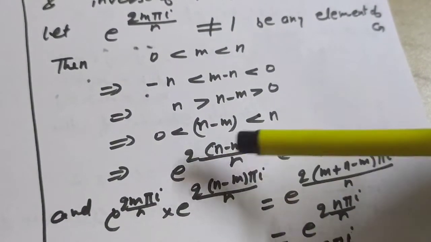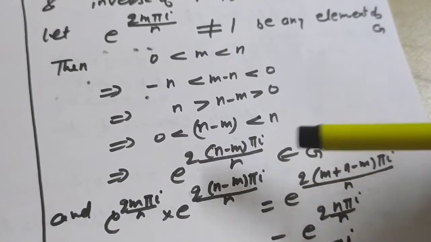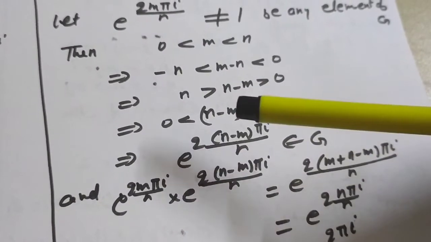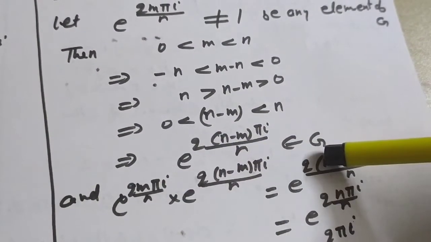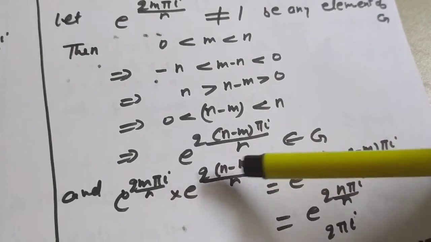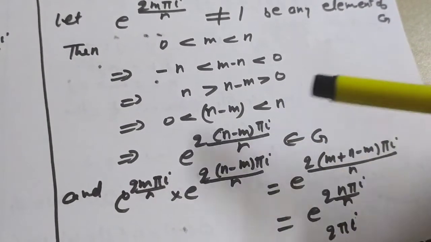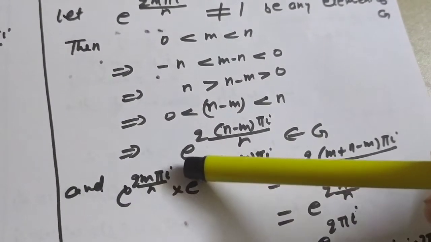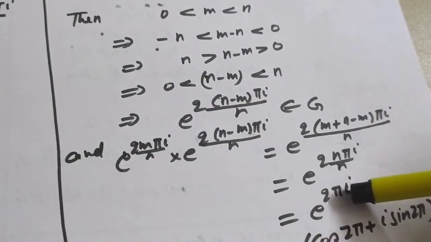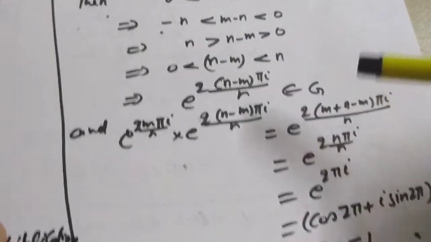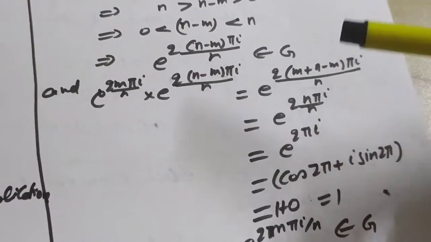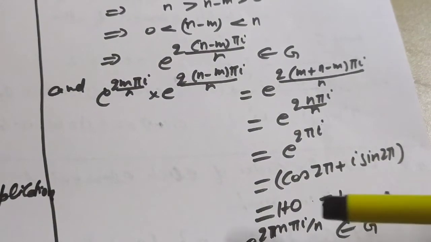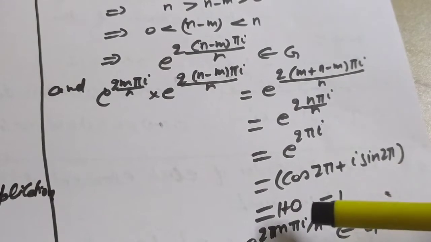This implies e raised to 2 into n minus m pi iota over n belongs to G. Actually I am searching for an element from G, so this is also an element in G. When I multiply this element with another element, that is e raised to 2m pi iota over n, I will get e raised to 2 pi iota. The other terms will get cancelled out. And e raised to 2 pi iota is nothing but cos 2 pi plus iota sin 2 pi. And cos 2 pi is 1 and sin 2 pi is 0.